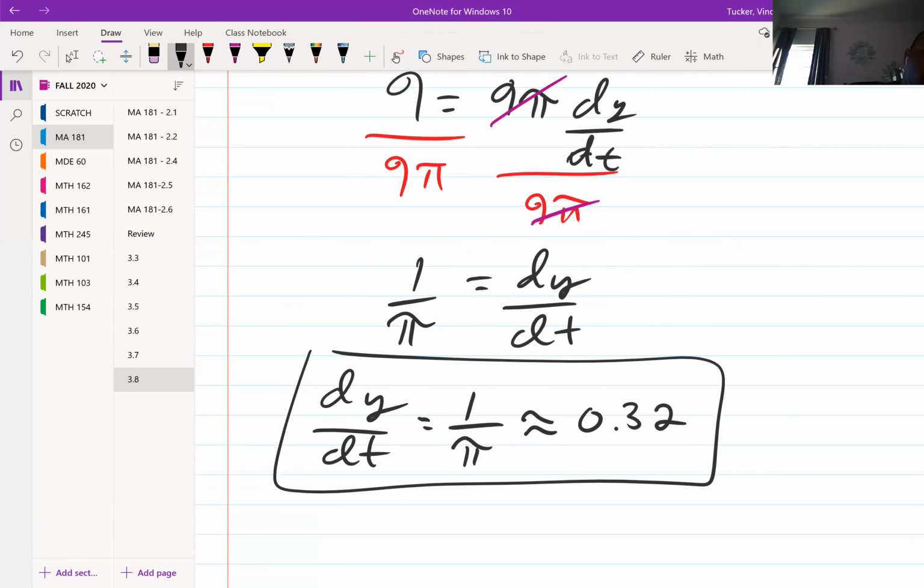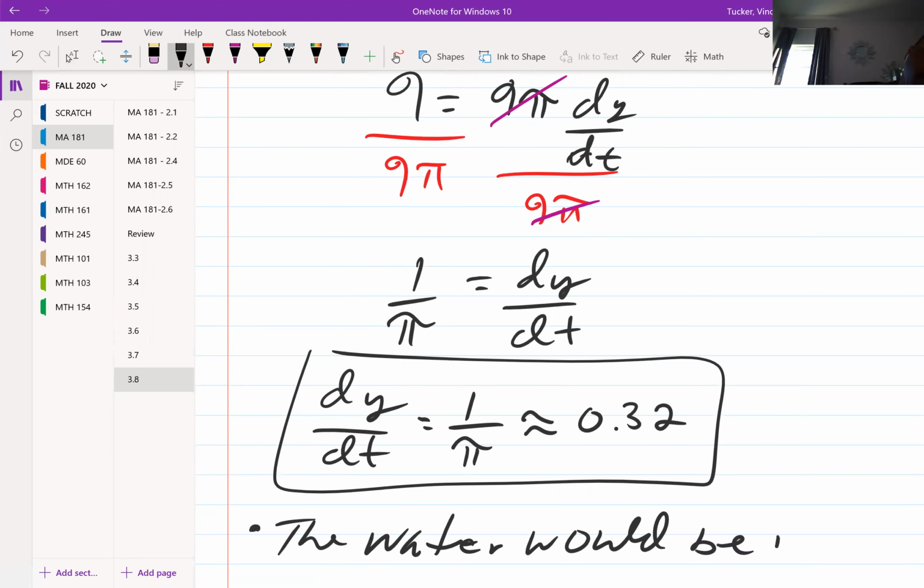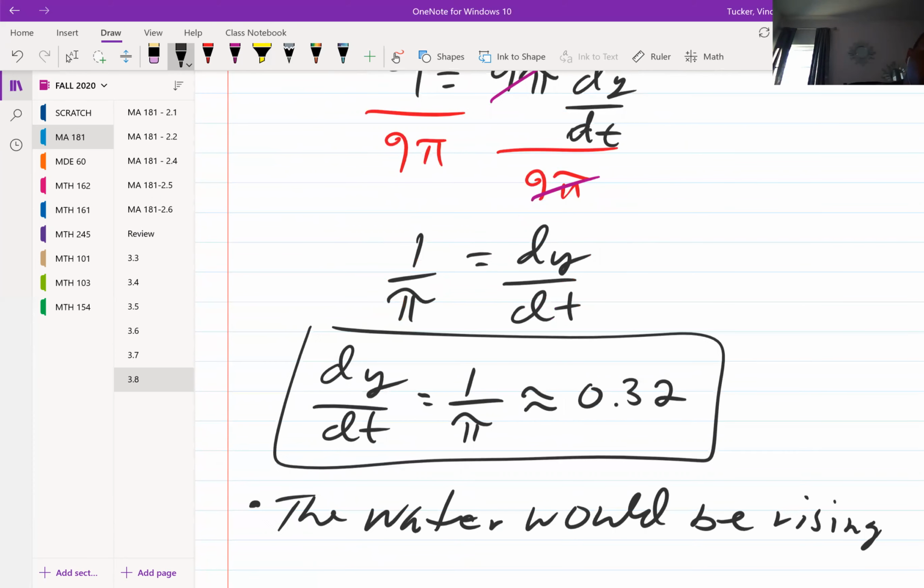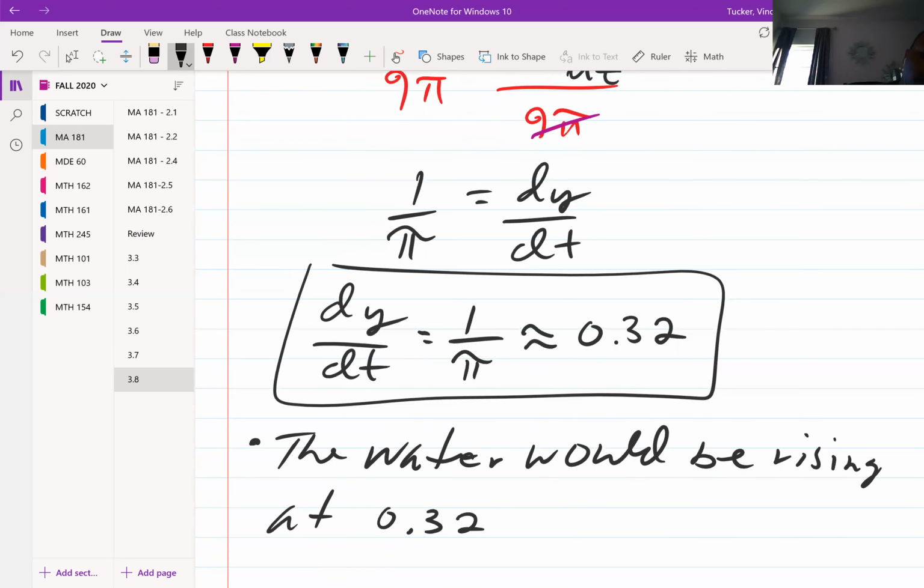And what that means for us is that the water would be rising at 0.32 feet. Well, not cubic feet, that's right, because we're talking about water rising, not the volume of the thing.